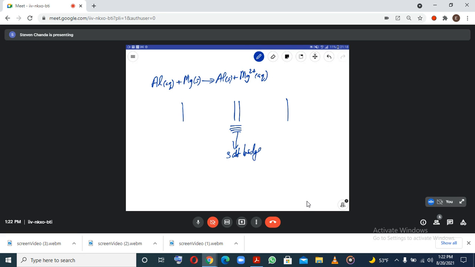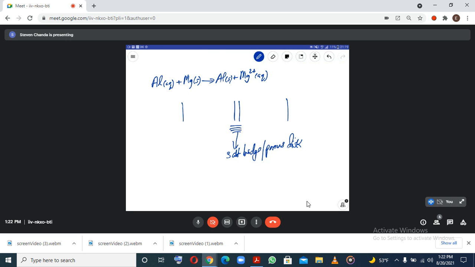You can use either a salt bridge or a porous disk, not to separate, but to balance the charges between the cathode and the anode. So those double lines represent the salt bridge.